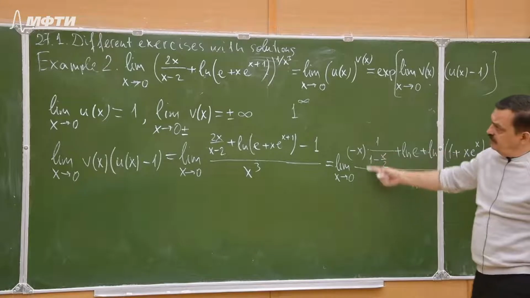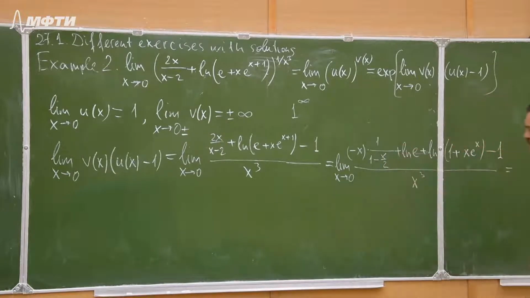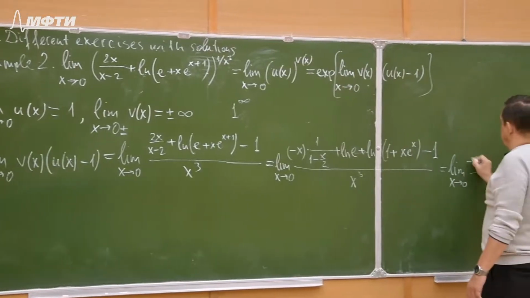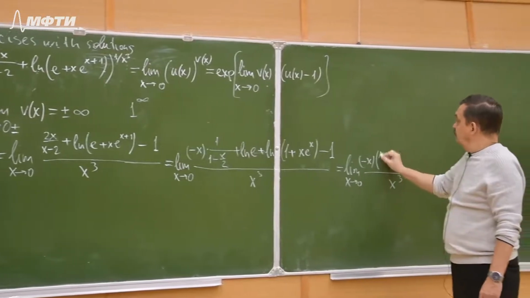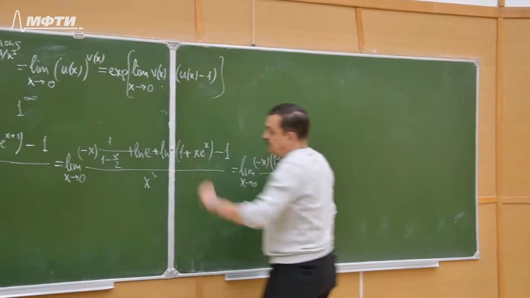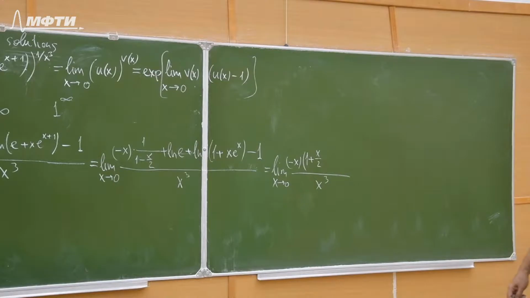Now once again, this was a particular case, 1 over 1 minus y, so I'll use it, and minus x times 1 plus x over 2, y equals x over 2. We use one of the main expansions for 1 over 1 minus y.